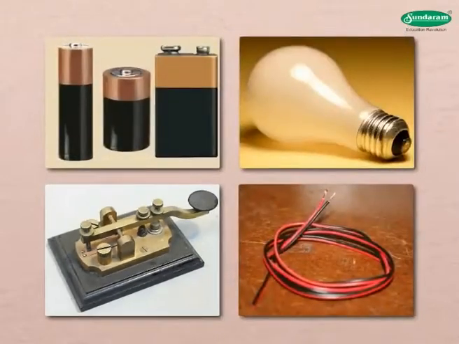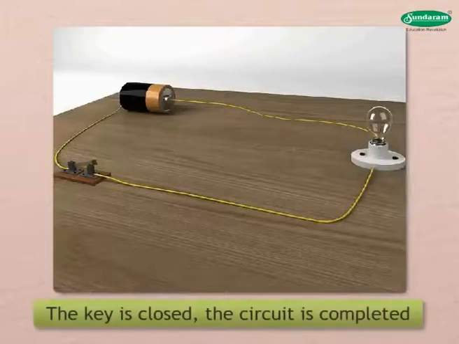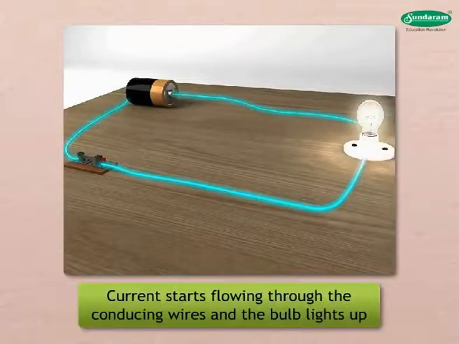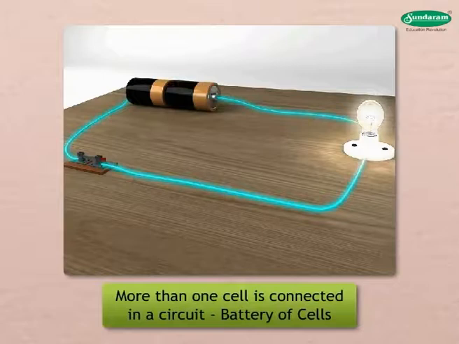At least these components must be present in a circuit. When the key is closed, the circuit is completed and the current starts flowing through the conducting wires and the bulb lights up. Also, when more than one cell is connected in a circuit, the set of cells is called a battery of cells.